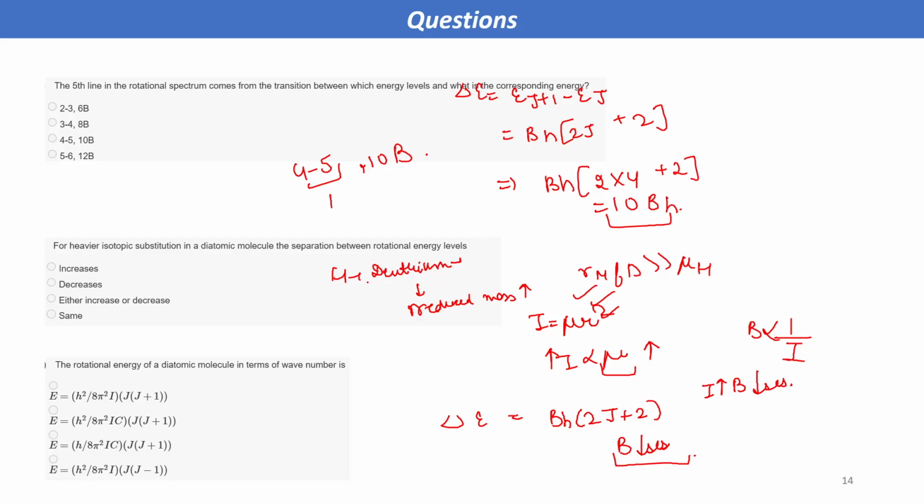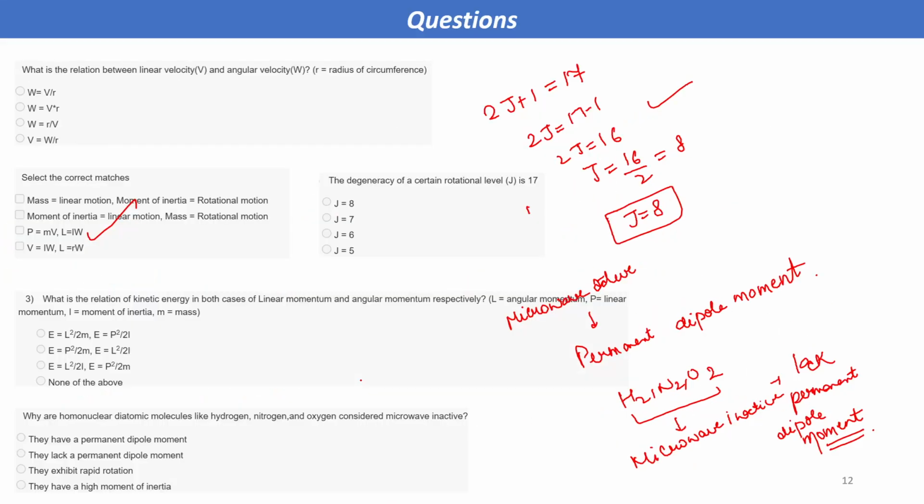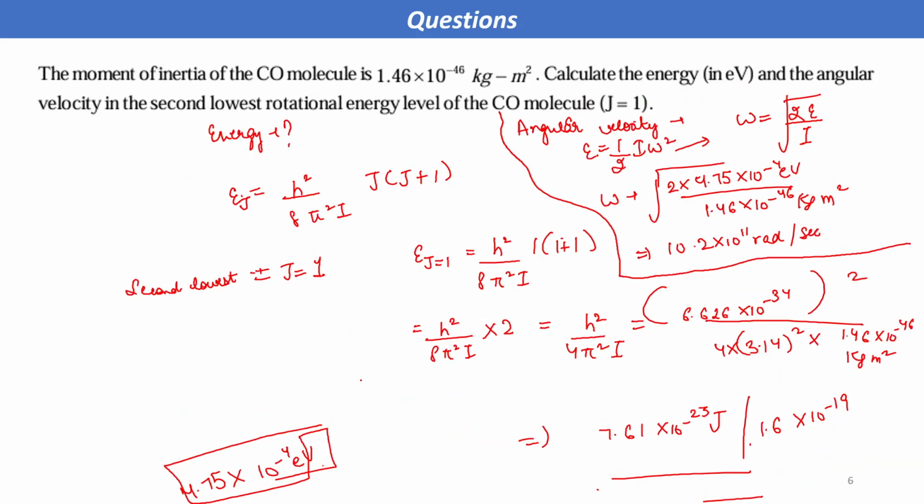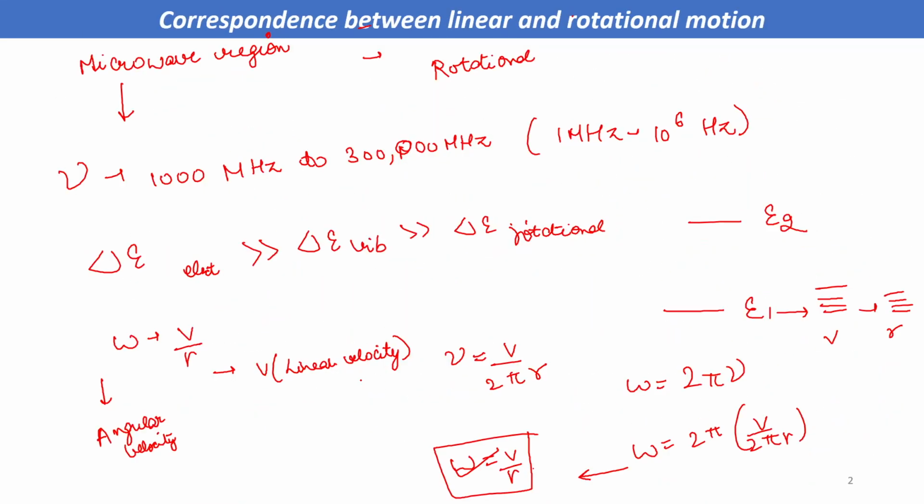For the last question, the rotational energy for a diatomic molecule in terms of wave number will be option C, h by 8 pi square IC into J(J plus 1). Option C. So that is also something we have discussed in this class.